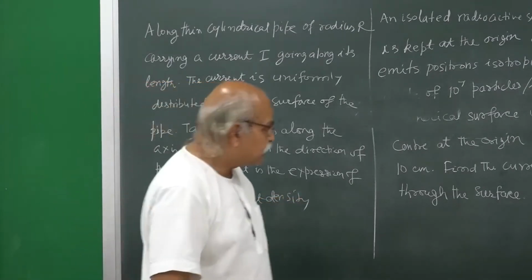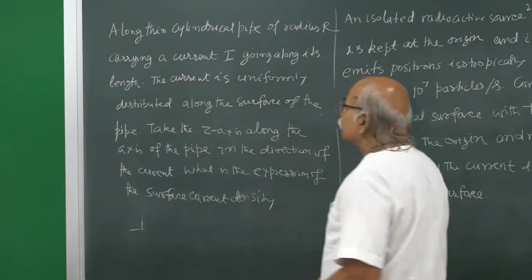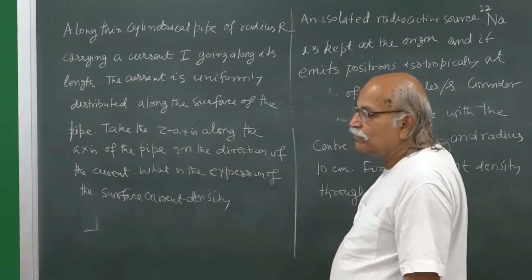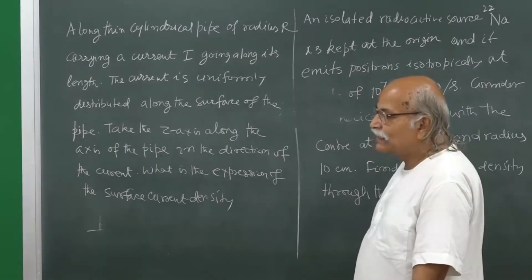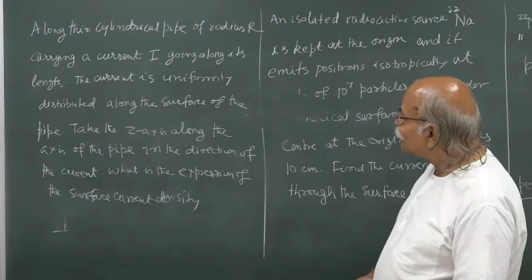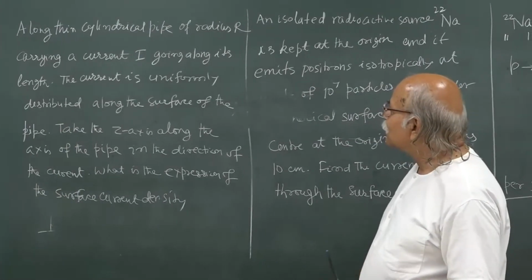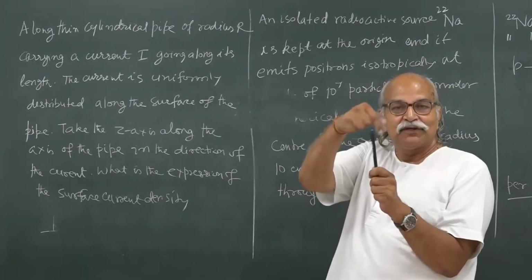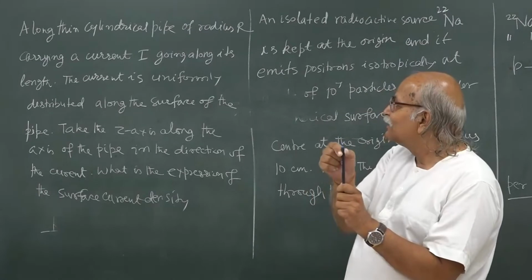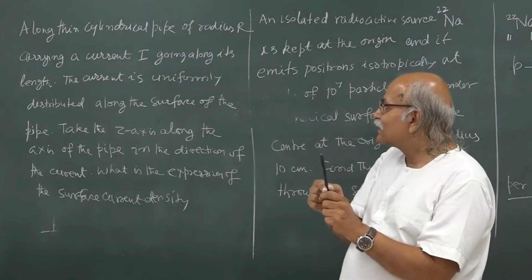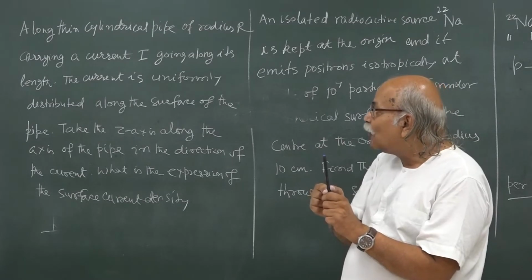Okay, so what is the question? It says a long thin cylindrical pipe of radius capital R. So, you have a thin long cylindrical pipe of radius R. You can take this as a pipe, hollow inside, and the radius is capital R, and it carries a current capital I going along its length.